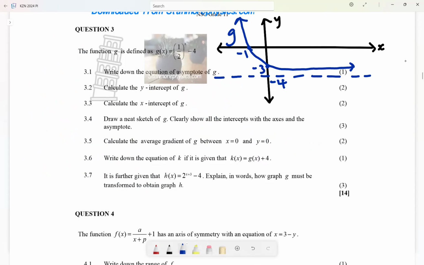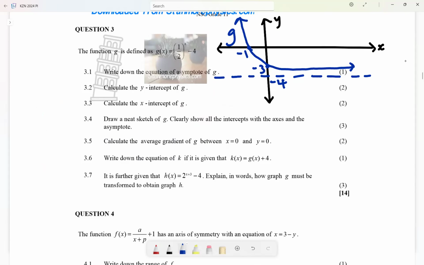They say now calculate the average gradient of g between x is equal to 0 and y is equal to 0. So now they want us to calculate the gradient between these points.